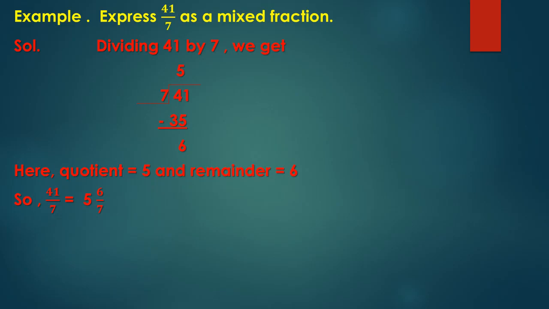So 5 is our quotient and 6 is our remainder. Whatever quotient we get, that is the natural number part. So I have written 5 in the natural number place, and the remainder over the denominator is 6 upon 7, which is a proper fraction. So 41 upon 7 will become 5 6 upon 7.